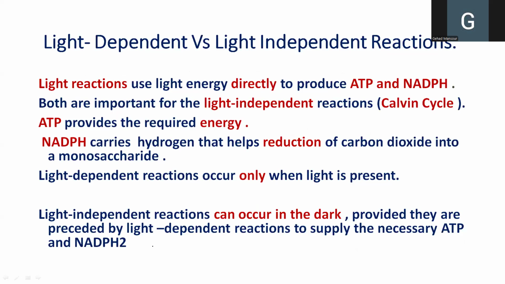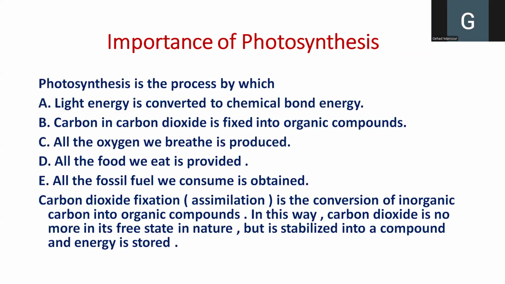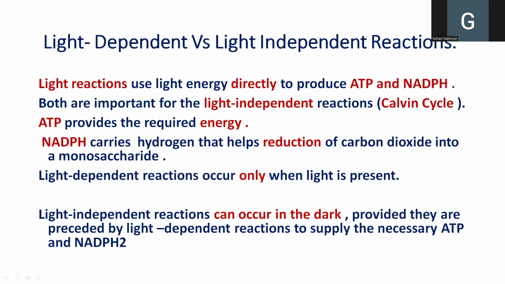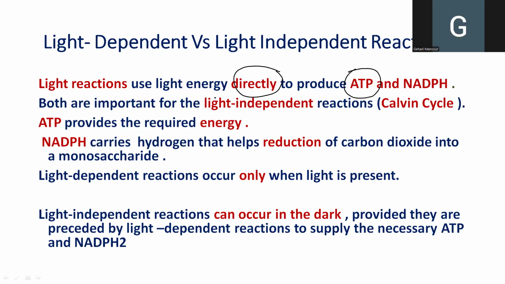So light-dependent versus light-independent reactions. Light reactions, as we said, use solar light energy or any other type of light energy directly in order to produce ATP and to produce reduced NADPH. So we can consider these two molecules products of light-dependent reactions. So what are the end products of light-dependent reactions?